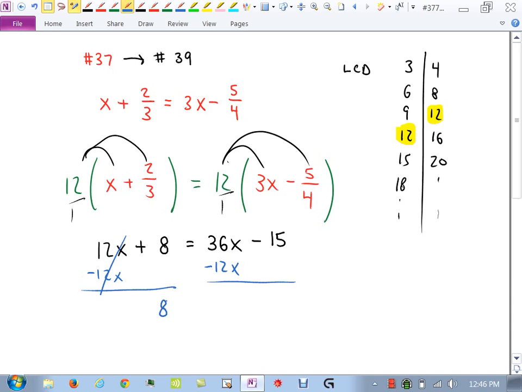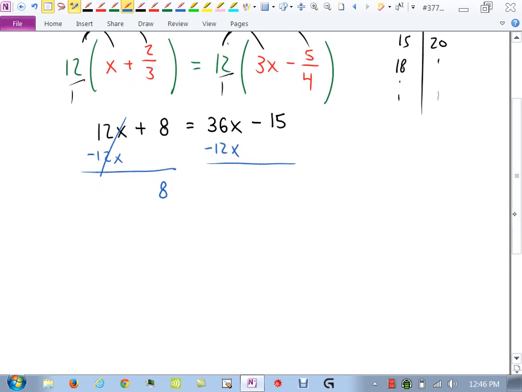I have an 8 on the left side still. On the right side, 36 take away 12 is 24x and minus 15.